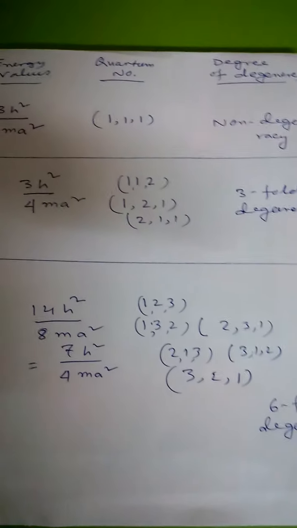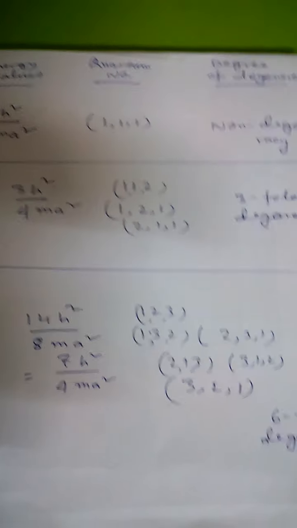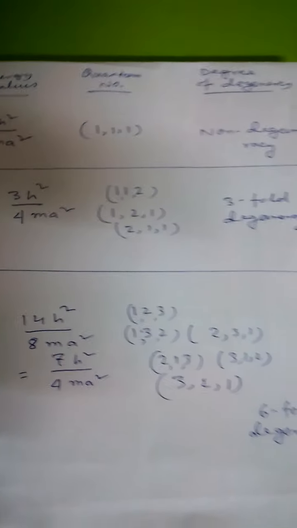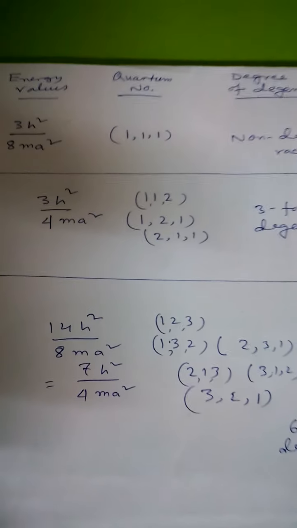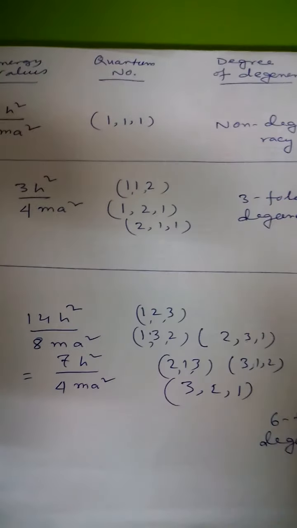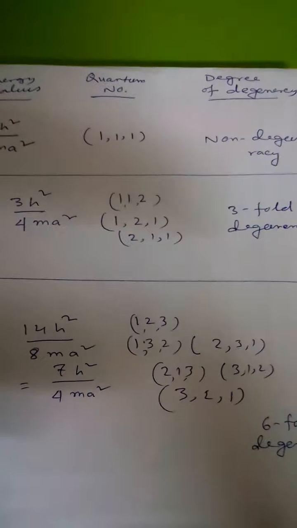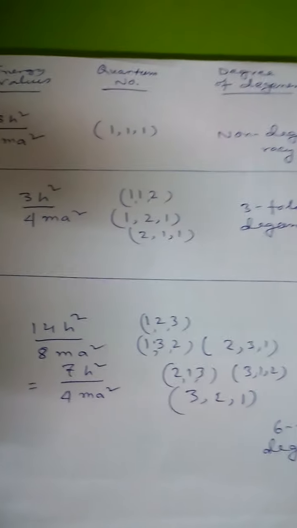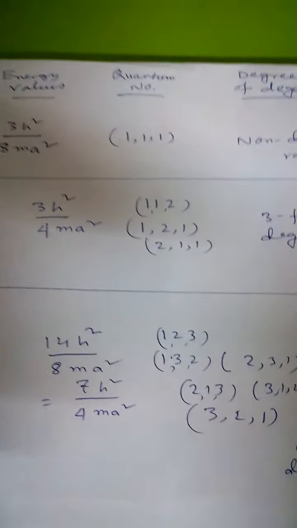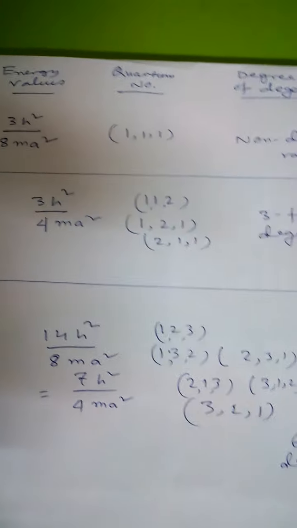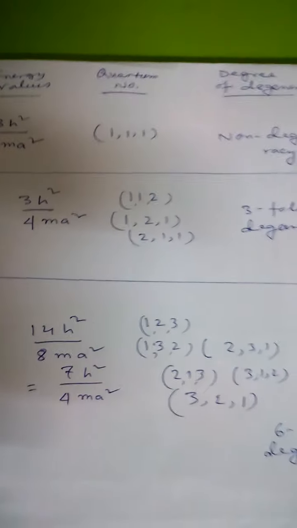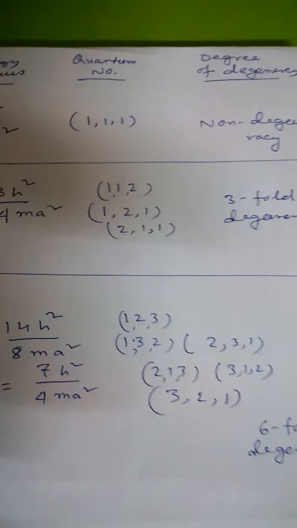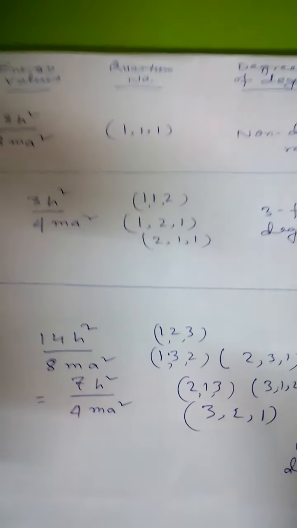So there are two types of wave function, degenerate wave function and non-degenerate wave function. Which one is a degenerate wave function? Degenerate wave functions are different wave functions having the same energy eigenvalue. And which one is a non-degenerate wave function? One wave function corresponding to one energy eigenvalue.